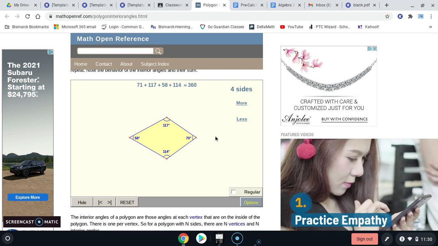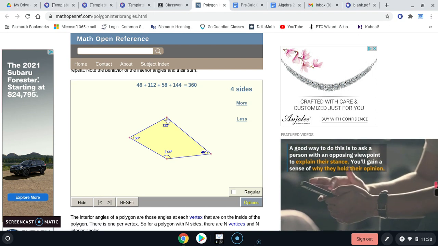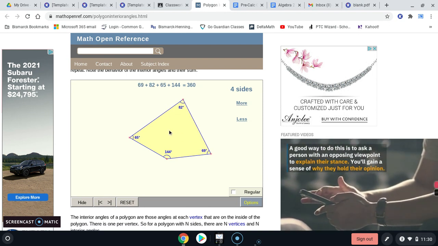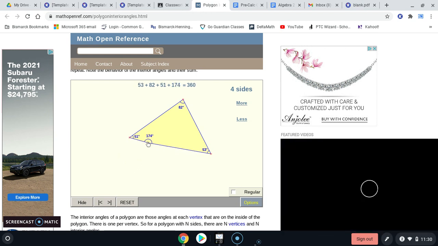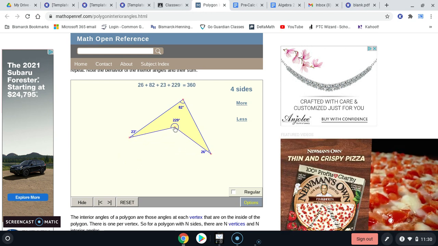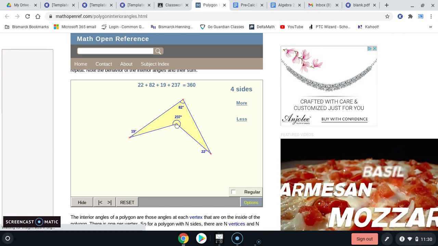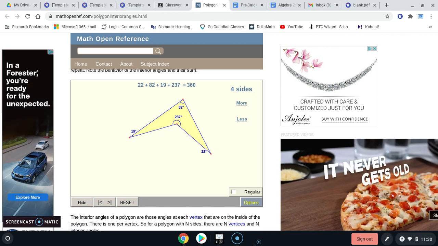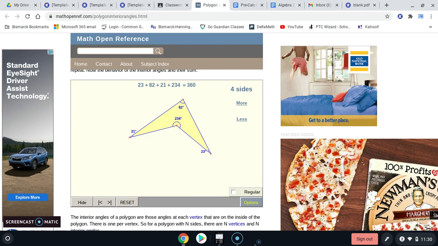So then I can do 4 angles, and again, I can change them. What you'll notice up at the top is that no matter where I put my angles, it adds up correctly to 360.